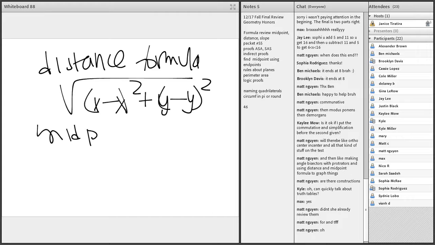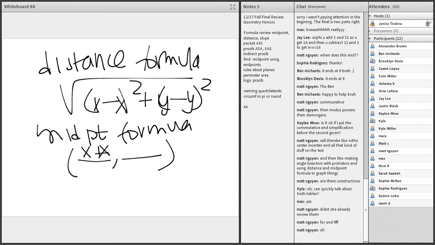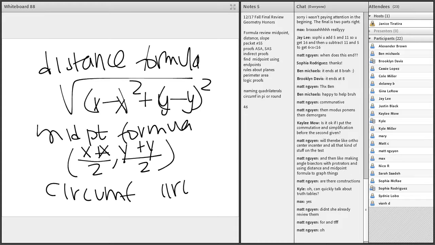Midpoint formula, that one you're adding, or you could do it in a logical way where you're just figuring out what is in the middle of the two numbers. Circumference formula for circles, so 2 pi r. Okay, that's basically chapter 1. Area is base times height.